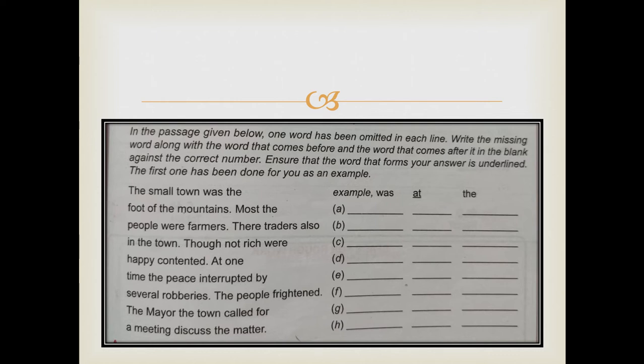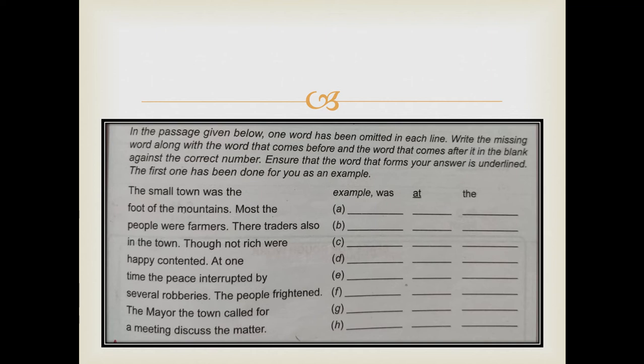Happy and contented. So in D, happy, and then in the second blank and, then contented, and underline the word and. So though not rich, they were happy and contented.